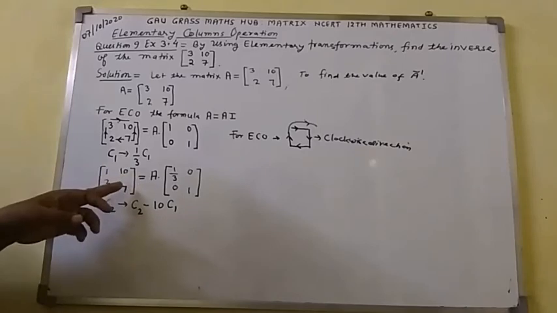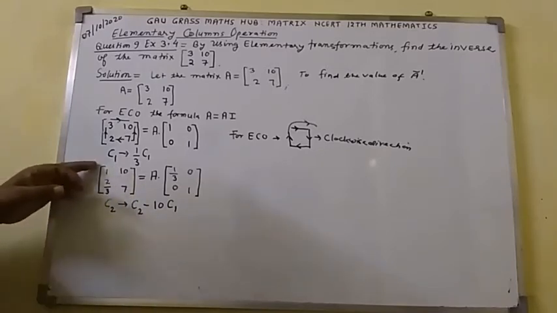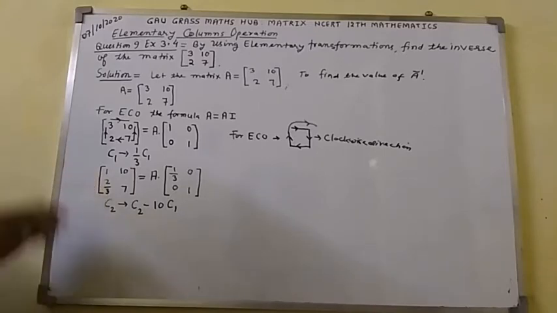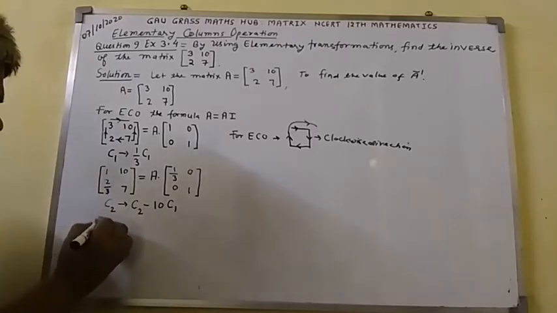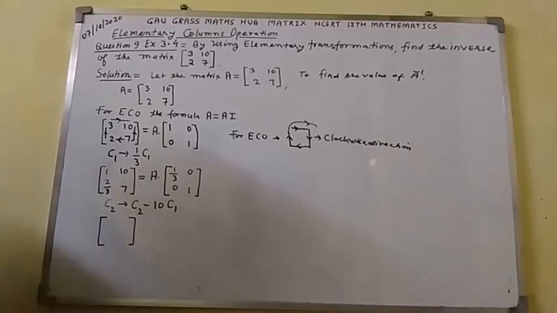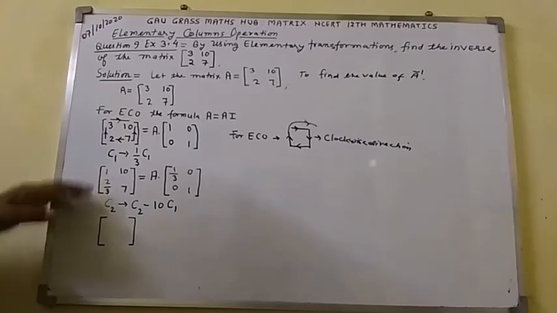So here only the elements of the second column will be changed. There will be no change in the elements of the first column here, so the elements of the first column will be written as it is.